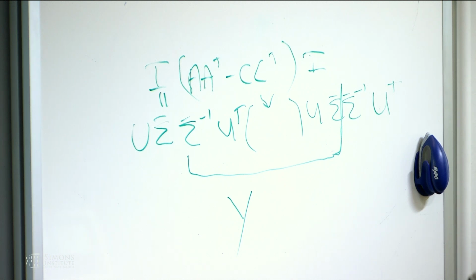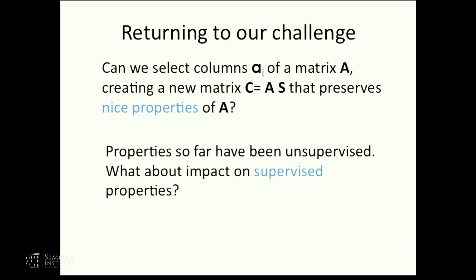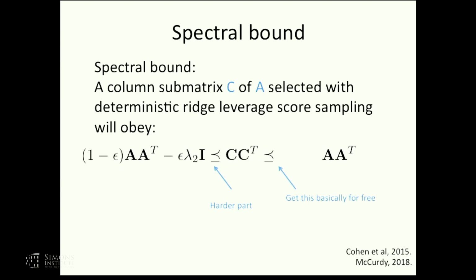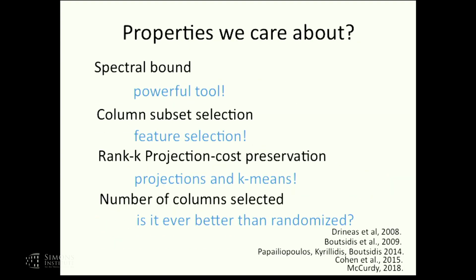So I talked about nice properties of A, like column subset, projection cost preservation. Yeah. Sorry, how many columns do you sample to get that kind of problem? I'll give you like, okay, so actually, let's see, I have that. The expression is a little bit messy.